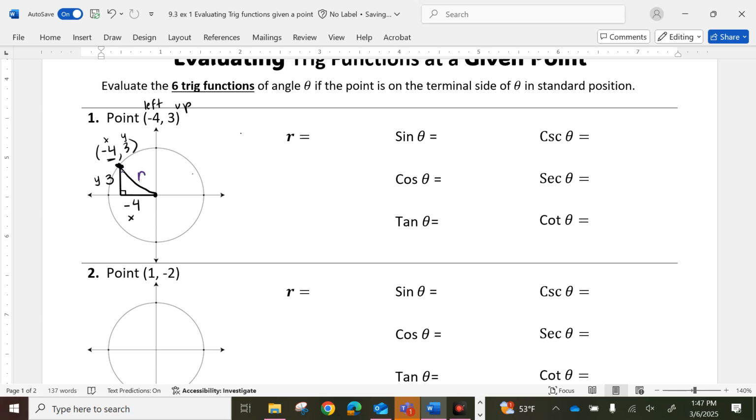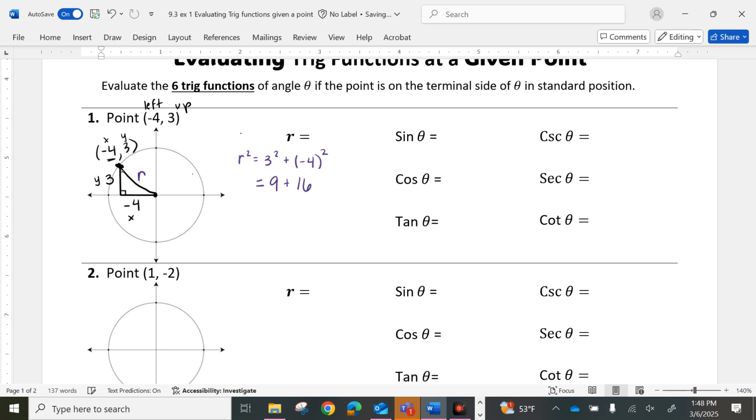And so I'm going to calculate that r by doing Pythagorean theorem. So r squared is going to equal 3 squared plus, and I'm actually going to include the -4 here, -4 squared. So 3 squared I know is 9. -4 squared, yes, it is negative, but I'm squaring it, so it's going to turn positive.